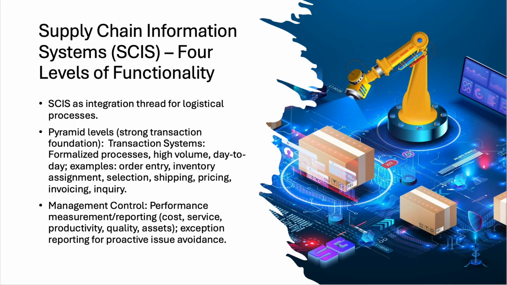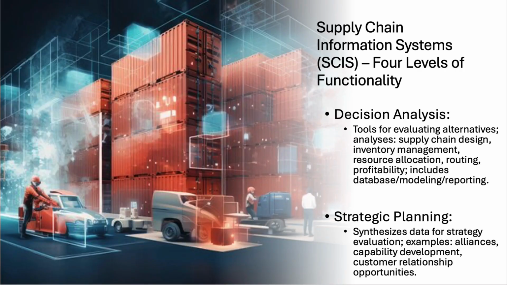Once the system can record transactions and monitor performance, the next question is how managers use that information to evaluate decisions and plan strategically. The third level is decision analysis. Decision analysis includes tools used to evaluate alternatives.